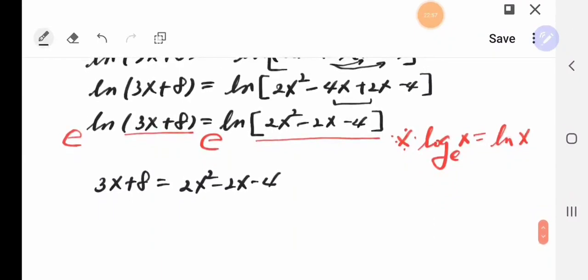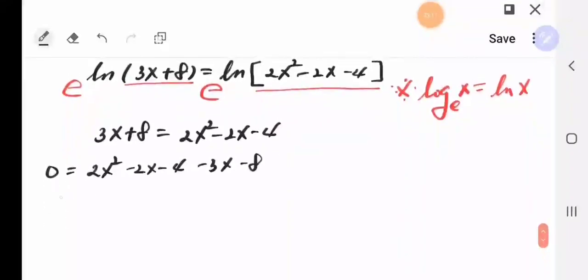Let's move everything to the right: 2x squared minus 2x minus 4 minus 3x minus 8. So this is equal to 0. Then combine the like terms: 2x squared, we have 2 like terms, so minus 5x. Here are the constant terms, so minus 12.